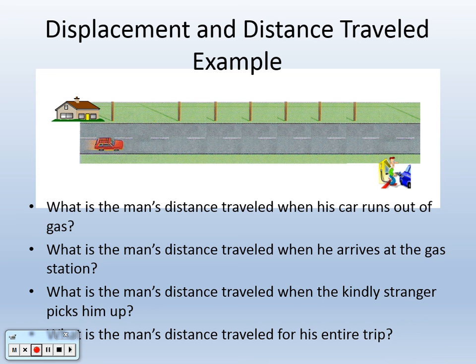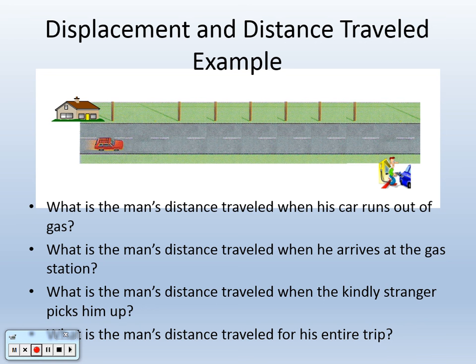So then the next question, what's his distance traveled on the way to the gas station? If you can't remember the story, it's on the bottom of the first page. How far is it from where his car runs out of gas to the gas station? So 55 kilometers would be his distance traveled to get to the gas station. This is an extra 5 kilometers from where his car ran out of gas.